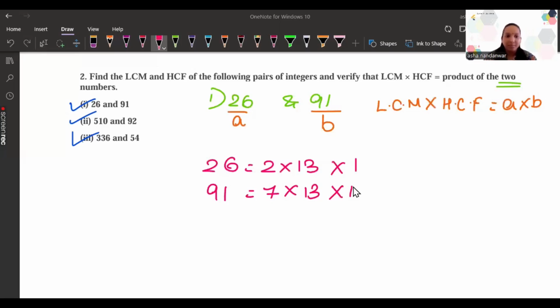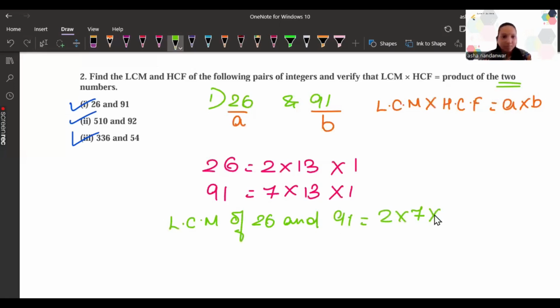Therefore, LCM of 26 and 91 is equal to 2 into 7 into 13 into 1. You could see that 2 and 7 I have written here. 13 is there 2 times, but I have written only 1. Because to find the LCM, we have to take the common ones and the uncommon ones all together. So if you multiply, you will be getting the answer 182.